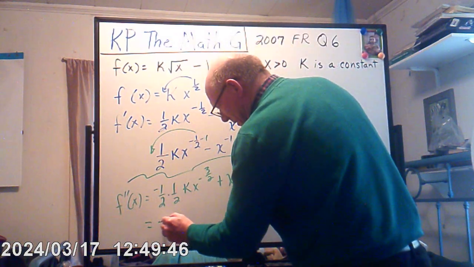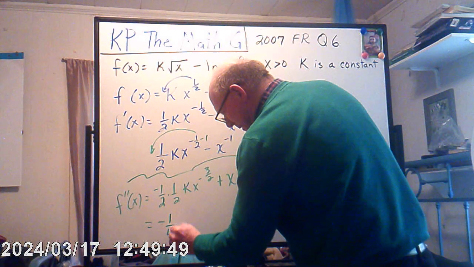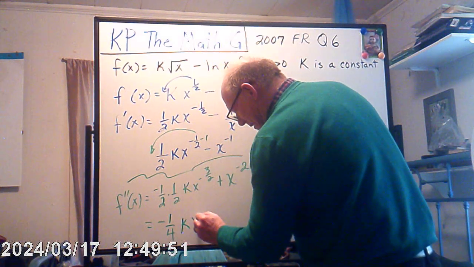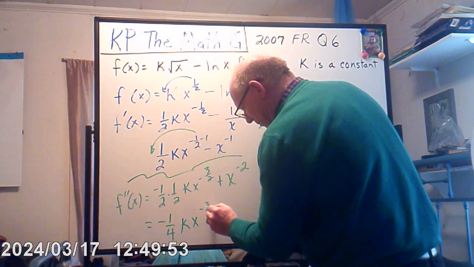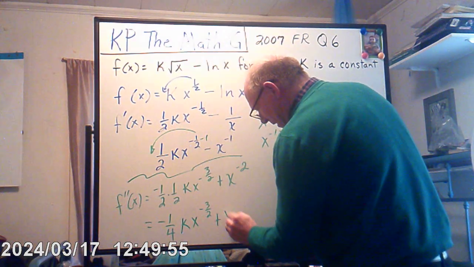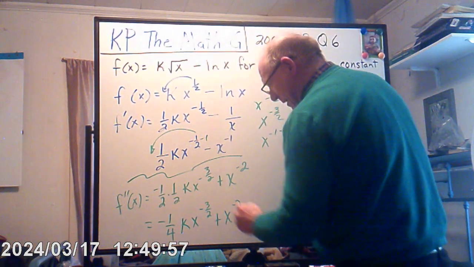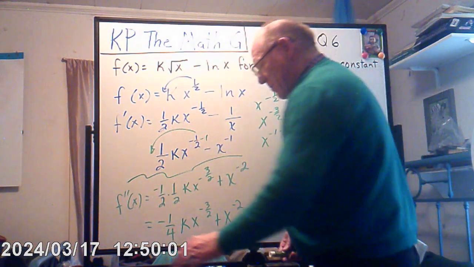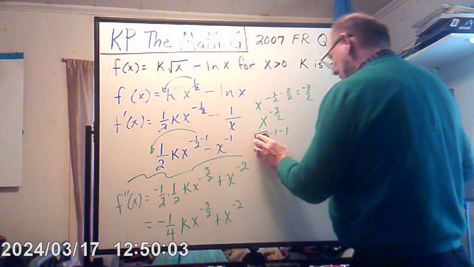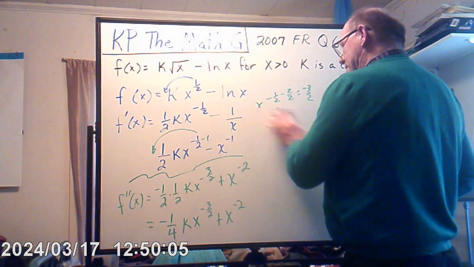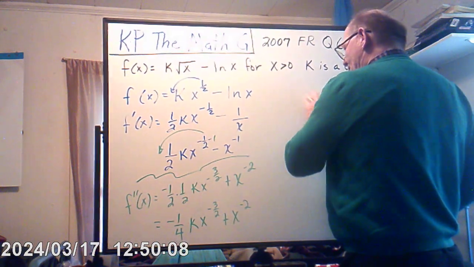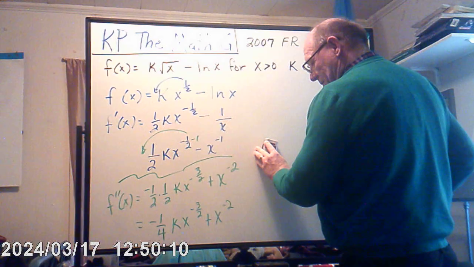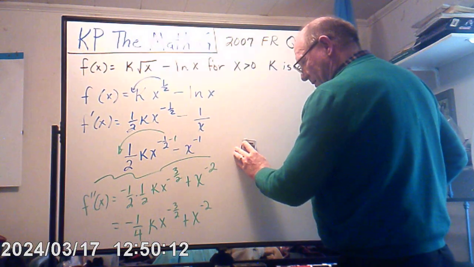So this is equal to negative 1/4 k x to the negative 3/2 plus x to the negative 2. And again, you can leave that in the negative exponent form. If you're in just regular calculus, you may not leave it in that form. I'm not sure. That depends on your instructor or professor.